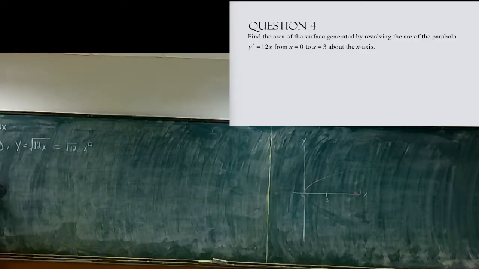If I take the derivative of square root of u, it's 1 over 2 square root of u, but now I have to multiply by 12.